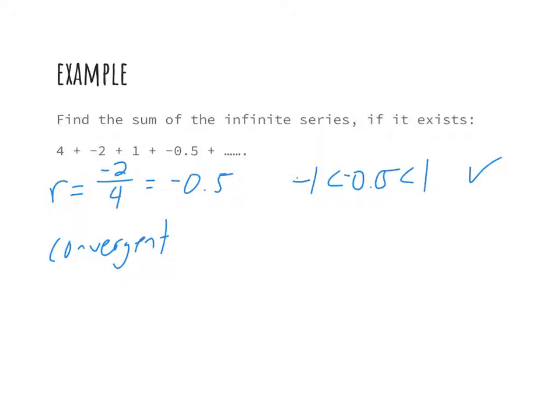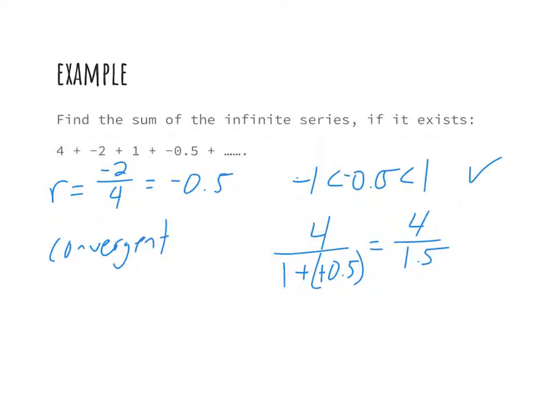And again, to find the sum, we take the first term and we're going to divide it by 1 minus our r value, so 1 minus a -0.5. When we subtract a negative, it turns into adding a positive. So I'm going to have 4 over 1.5.